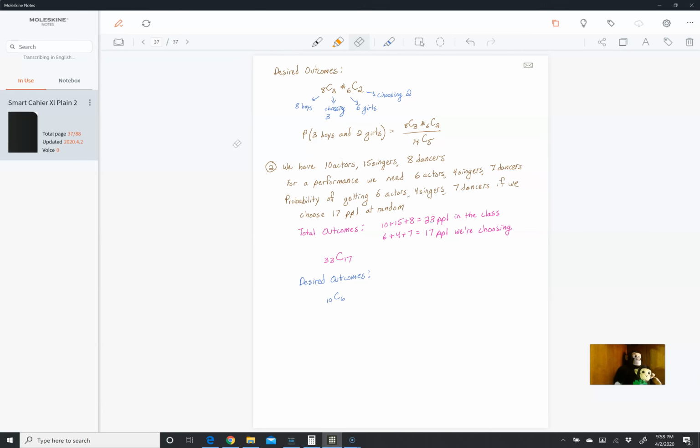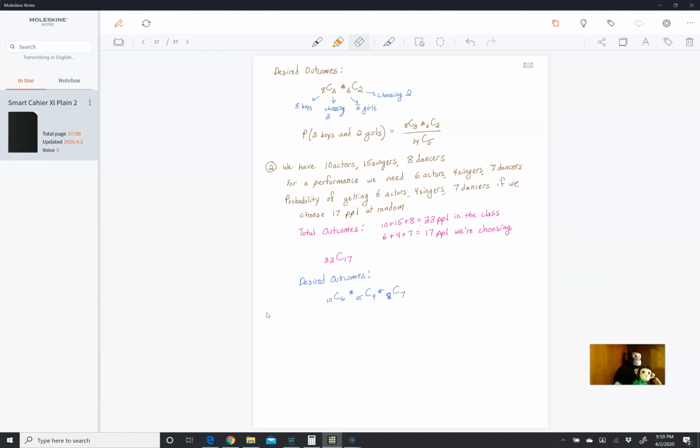We're going to the singers' room, and we're choosing 4 of them. And then we go to the room with the dancers, and we're choosing, of the 8 dancers, we're choosing 7 of them. Fundamental counting principle says we multiply. So this is the number of desired outcomes.